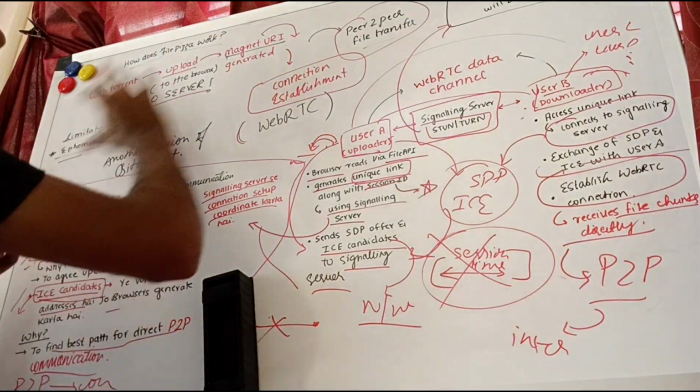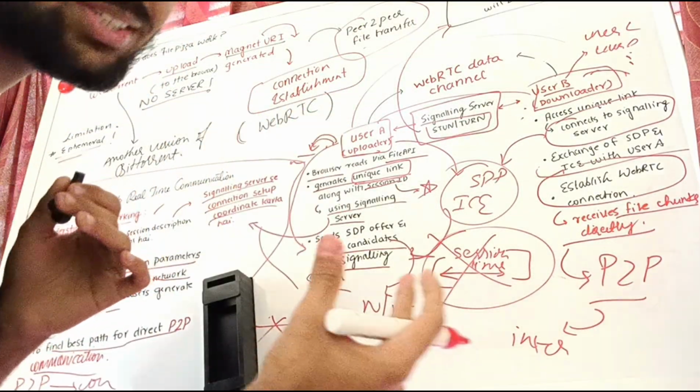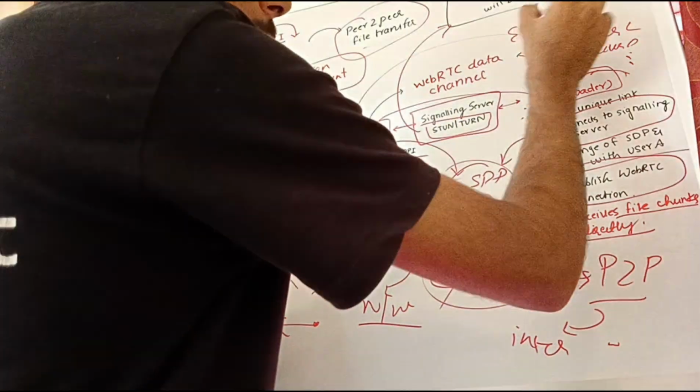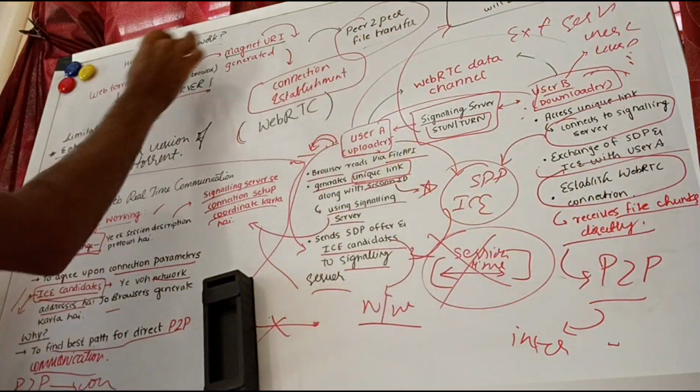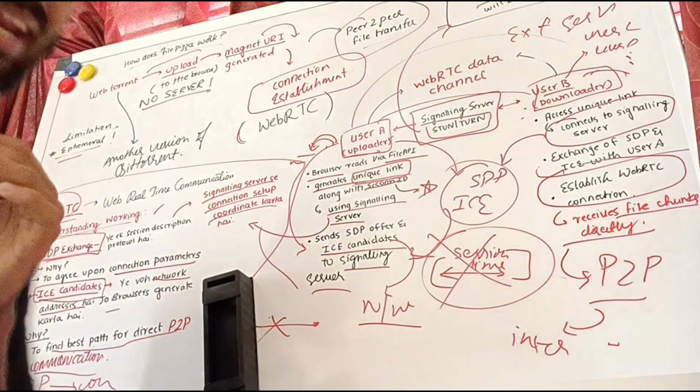So the direct sending and transfer of documents, images, anything, happens without using any external server. So this is how file.pizza works, and we'll be understanding NAT, STUN, and TURN in later videos.